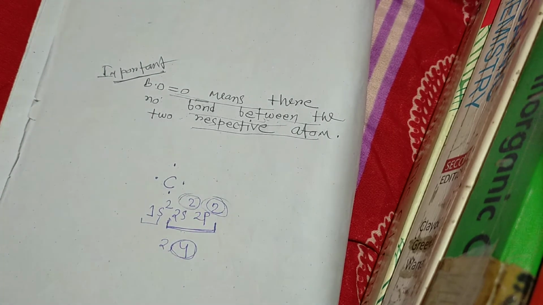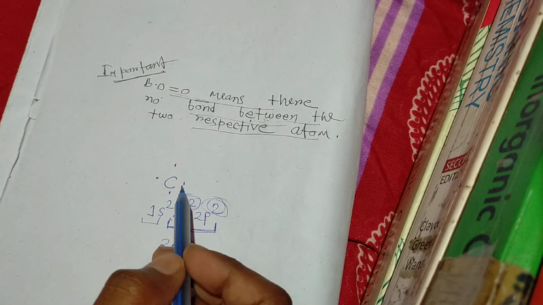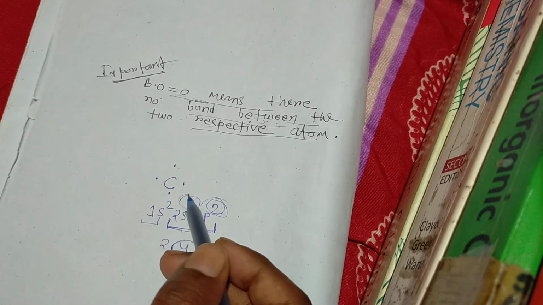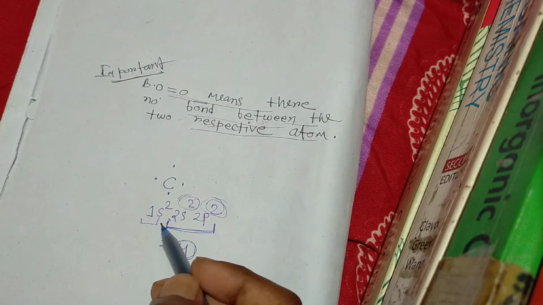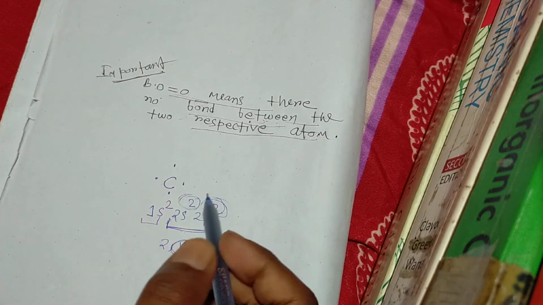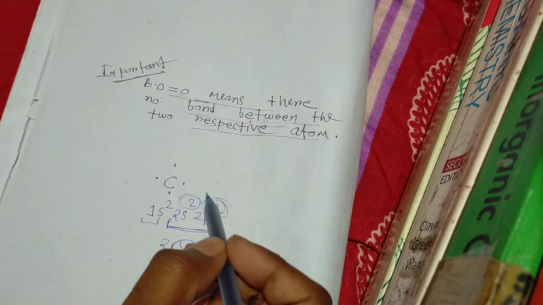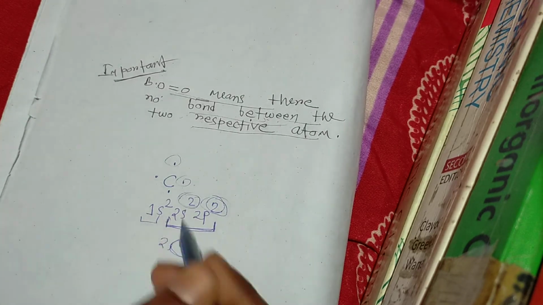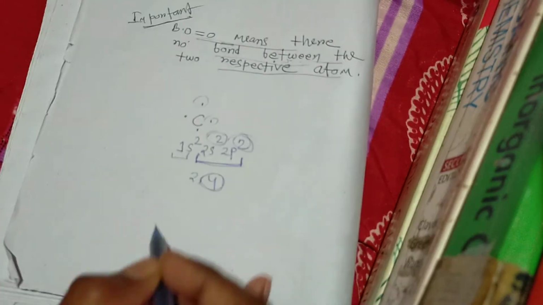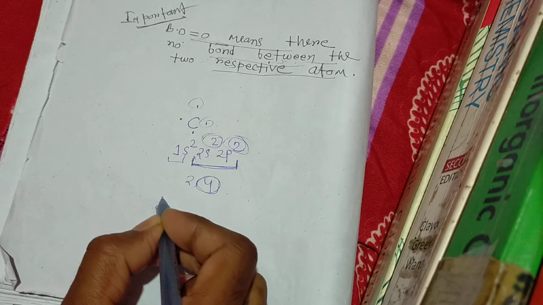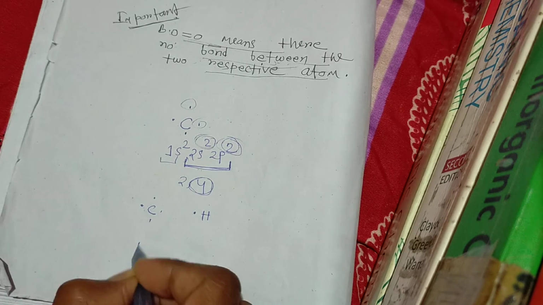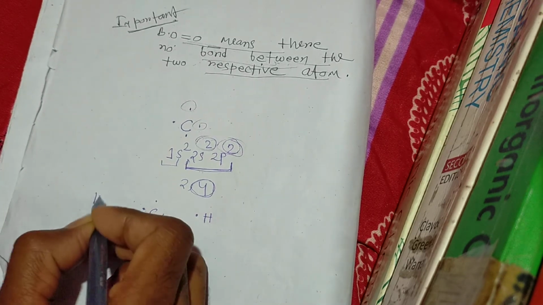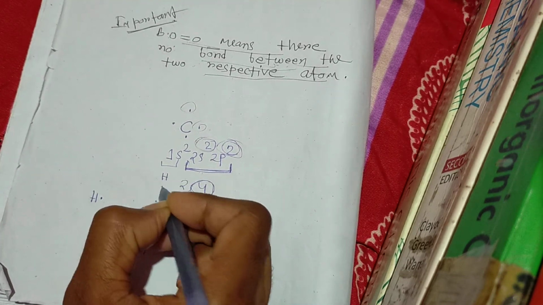So obviously it can bond with four different atoms by sigma bonds, by sharing these four electrons. See, hydrogen has valence electron 1, hydrogen valence electron 1, hydrogen valence electron 1.